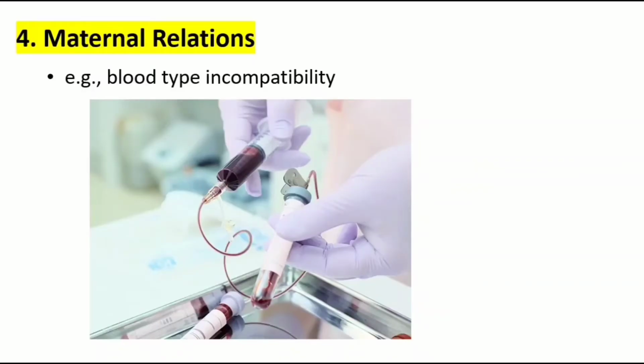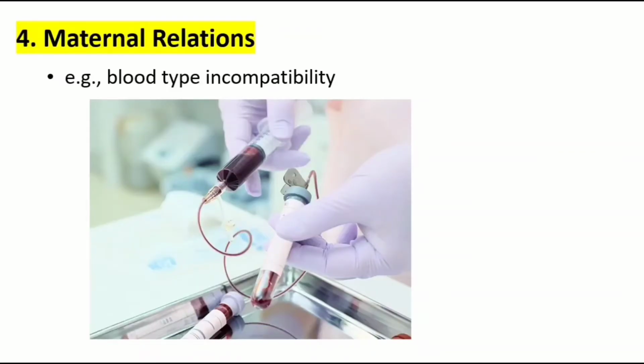So, say for example, during pregnancy, the blood type of the fetus and the mother are incompatible. May mga pangyayari or there are changes that affect the survival of the fetus. Okay? Or affect the survival of the developing baby. Why?